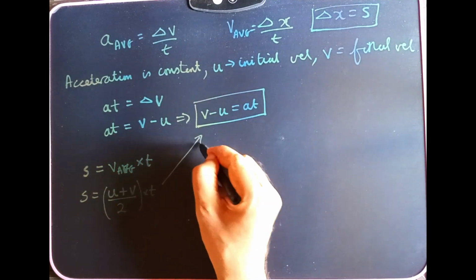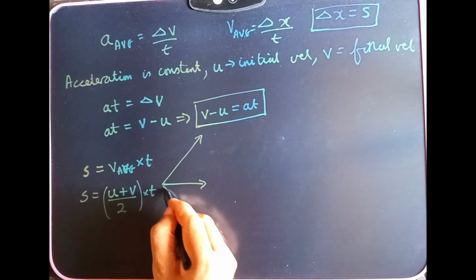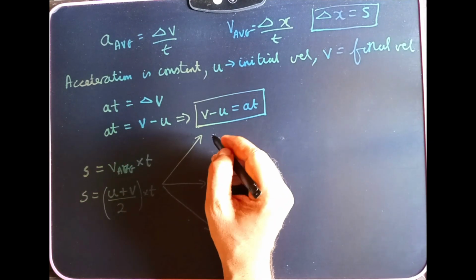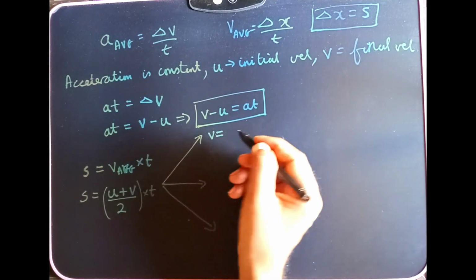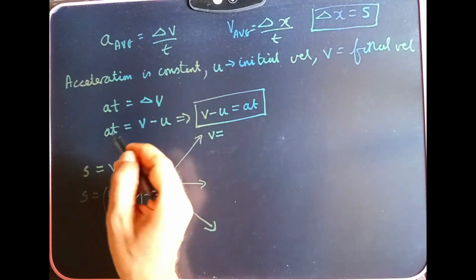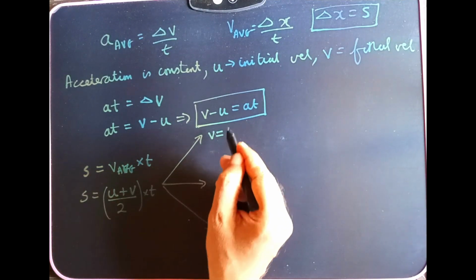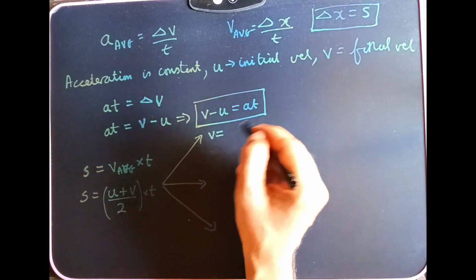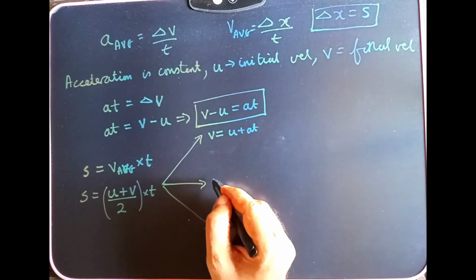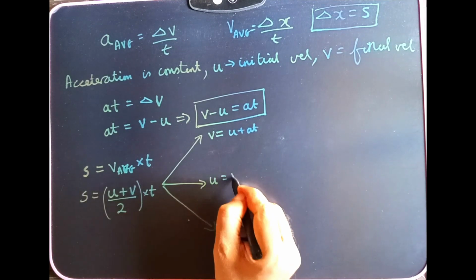So now this itself can be broken down into three parts. The first part, how can we write v? From this equation, v is equal to, if I bring u to this side, u plus at. I can also write u is equal to v minus at.